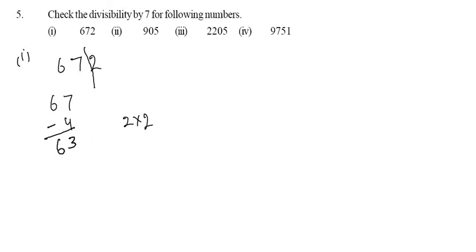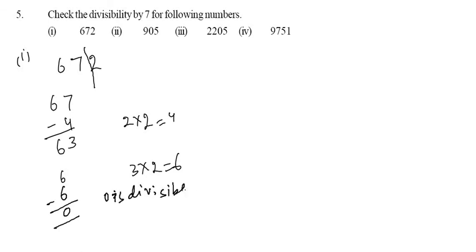Now further it is divided into two parts, 6 and 3. The 3 is multiplied by 2, so we get 6. Subtracting, 6 minus 6 is 0, and 0 is divisible by 7.